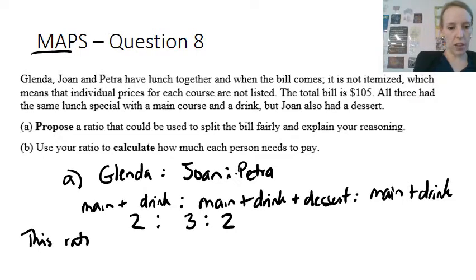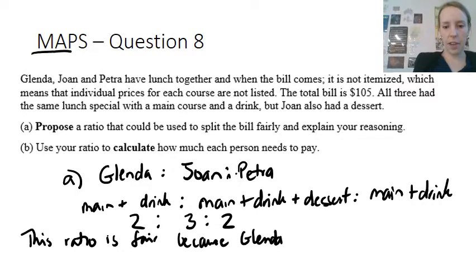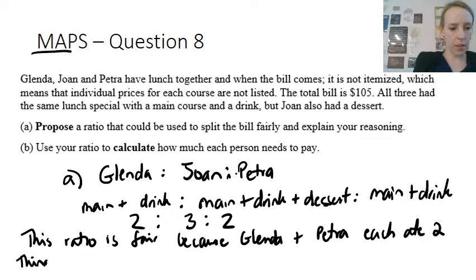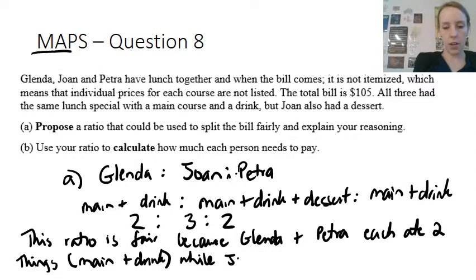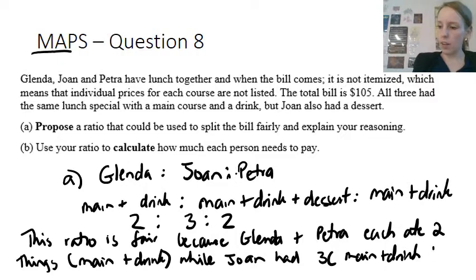This ratio is fair because Glenda and Petra each ate 2 things, main and a drink, while Joan had 3: main, drink, and a dessert. We'll run out of space, you'd keep going.